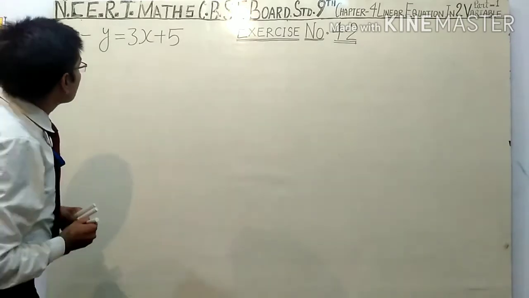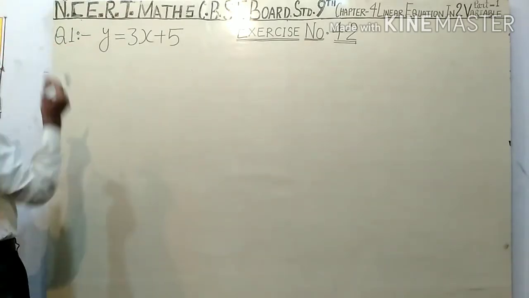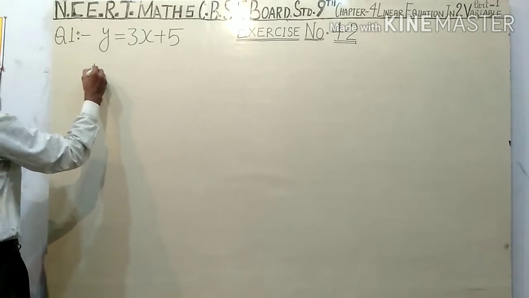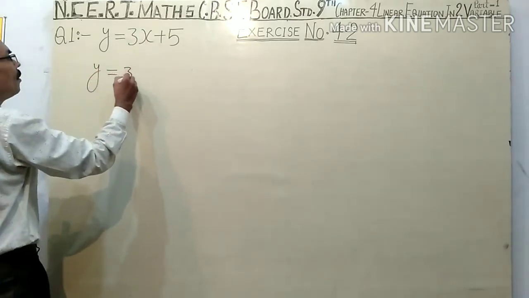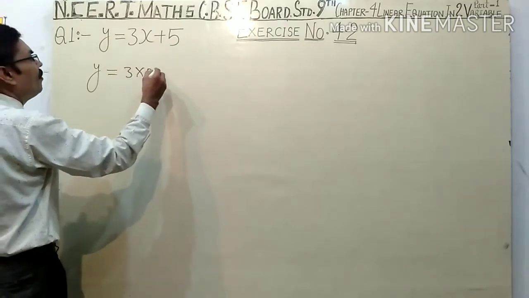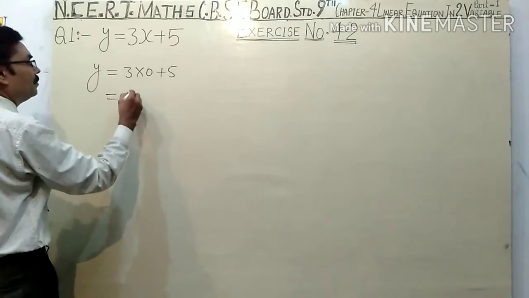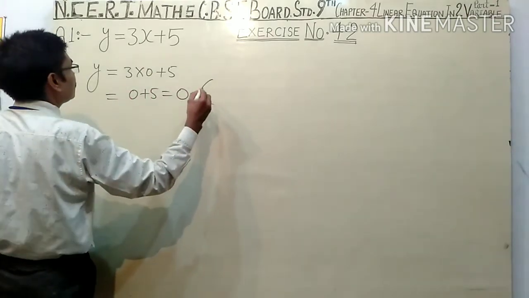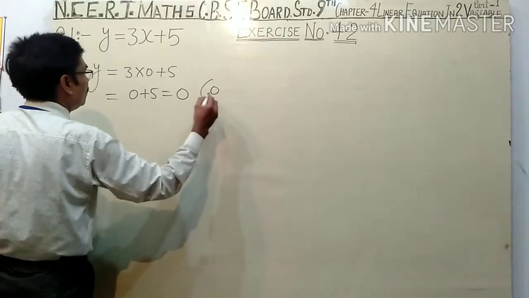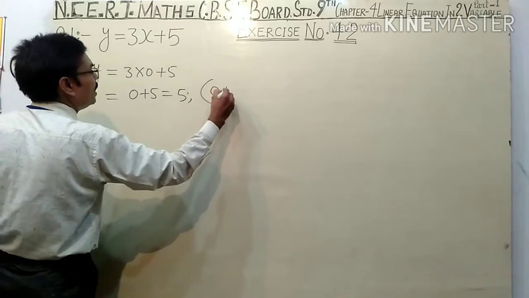So students, start observing the equation. Students, by taking x equal 0, we get value of y as 5. Hence first value 0 and 5.